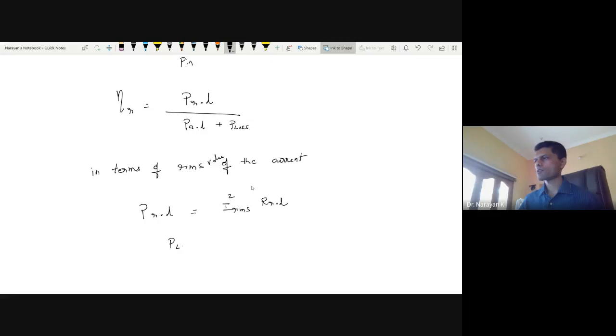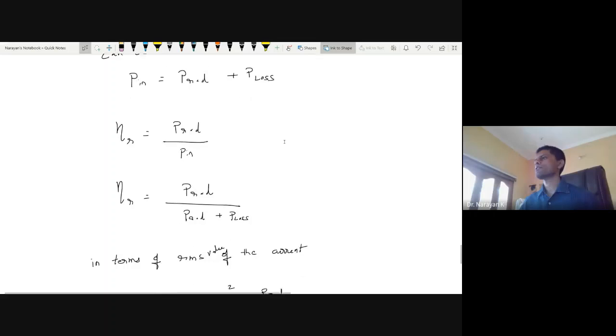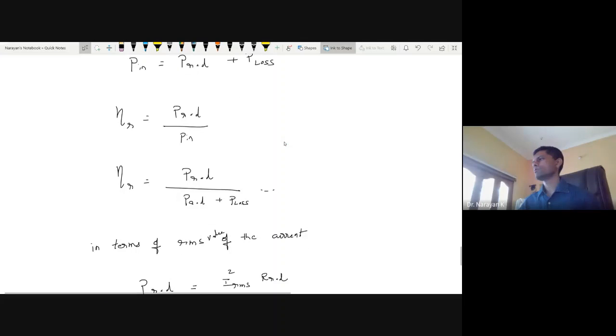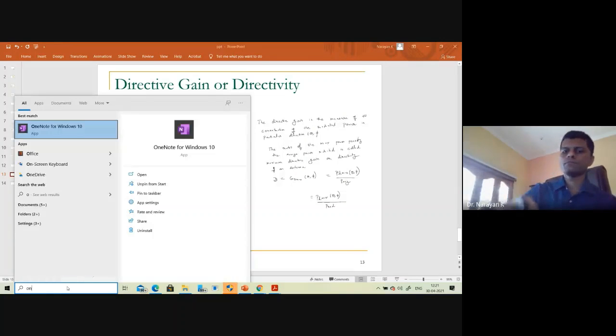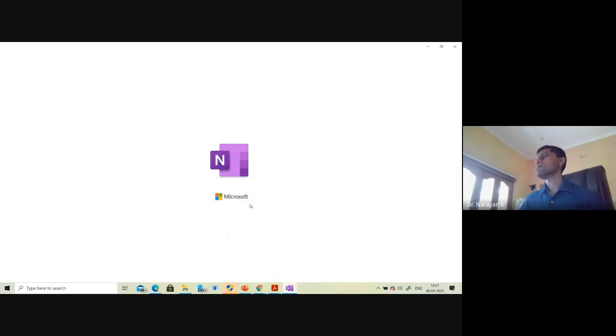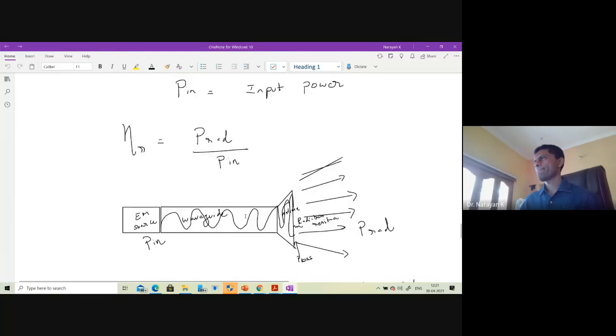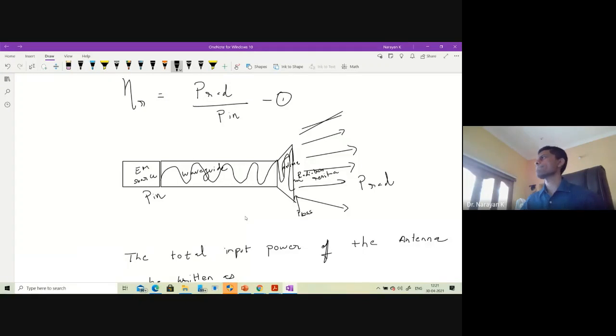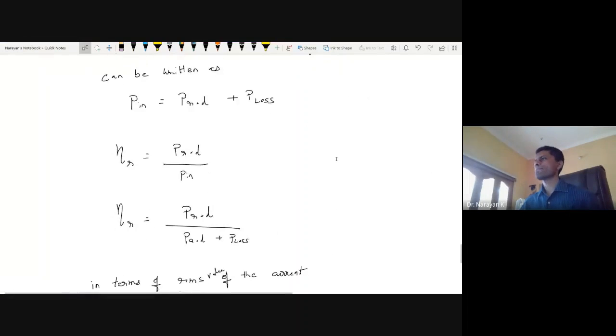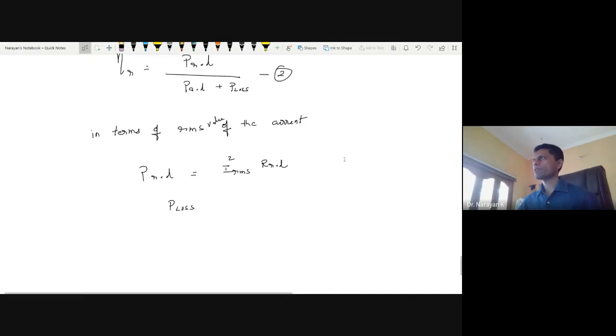So your power lost is I square RMS value of the current into R loss, the loss resistance. Let me call this equation 1, and this equation 2.